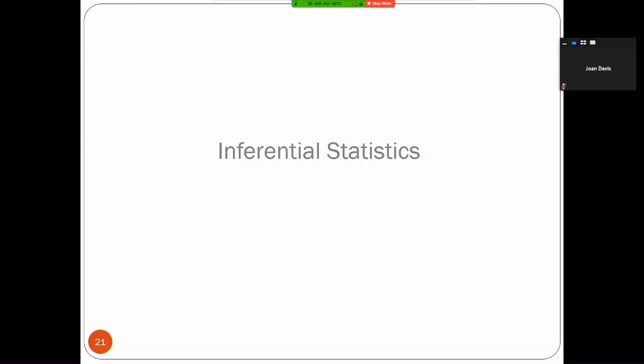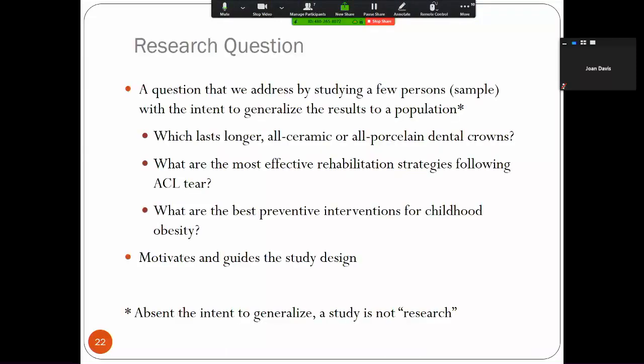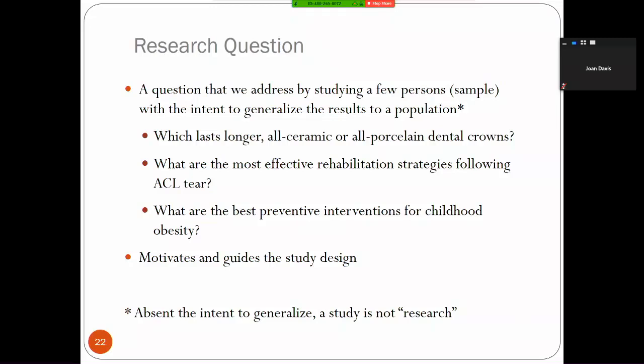So now, descriptive statistics are simply used to describe a sample. That's all. These are what the people who entered my study look like, most typically at baseline. But then when we start to ask research questions, such as which lasts longer, ceramic or porcelain dental crowns, or what's the best preventative intervention for childhood obesity?